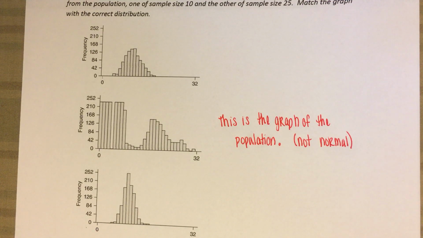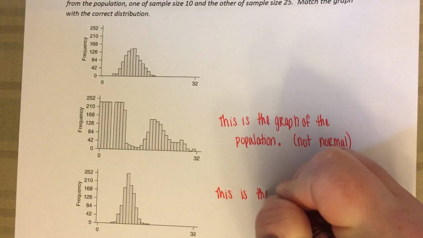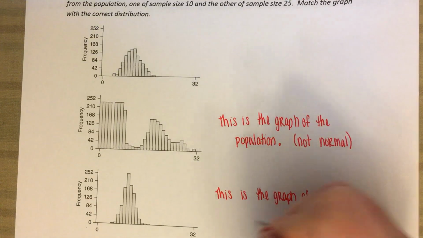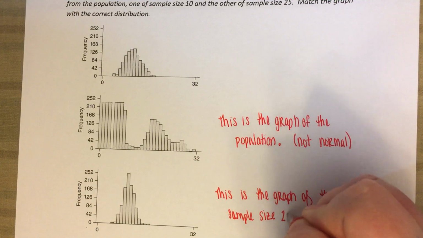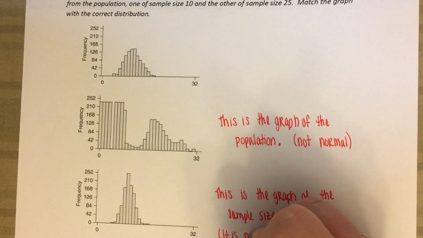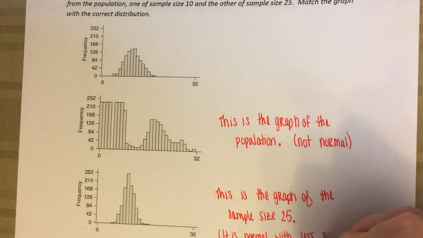We know that as our sample size increases, our graph becomes more precise and it narrows. If we compare the two that are left, this bottom one is more narrow than our top one. So we would say this is the graph of the sample size of 25. It is normal with less spread.